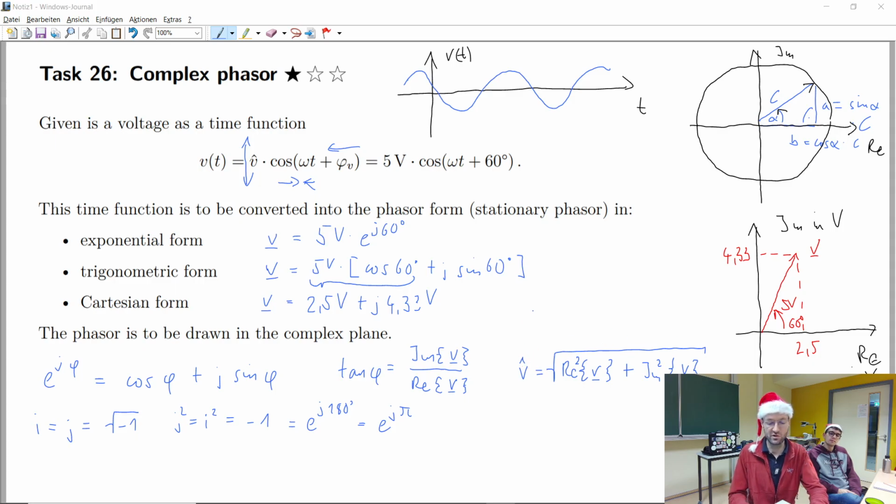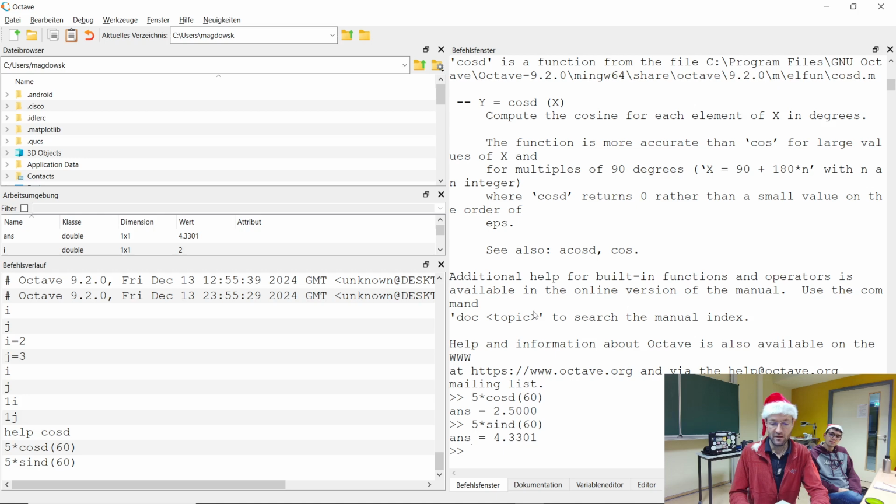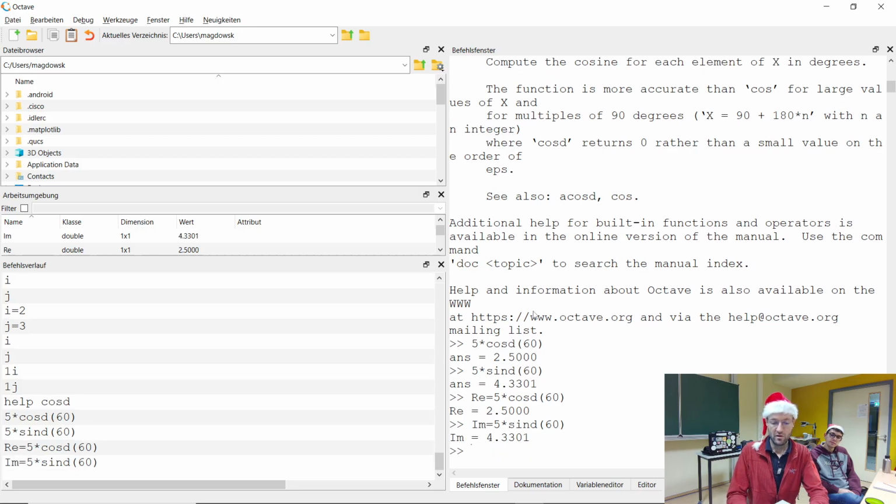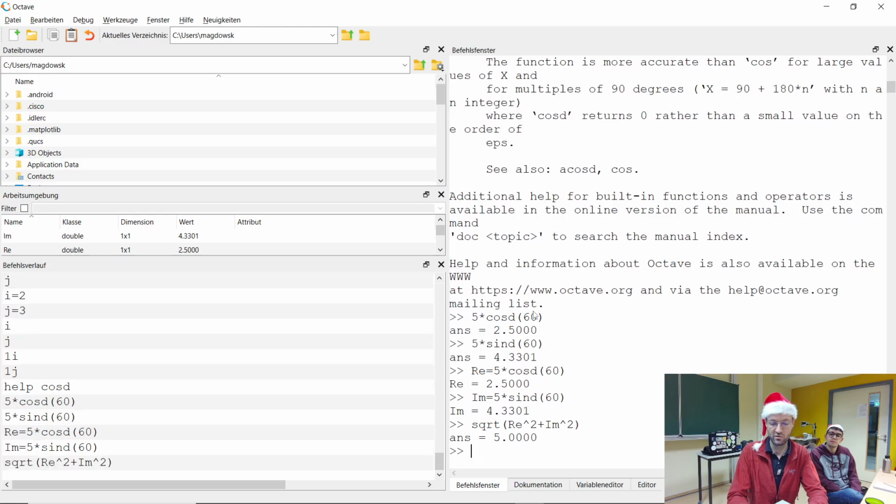And so we can check. If I go up and call this real part for a second, and the second thing here imaginary part, and if we take the square root of the real part squared plus the imaginary part squared, then we should get 5, and we get 5.